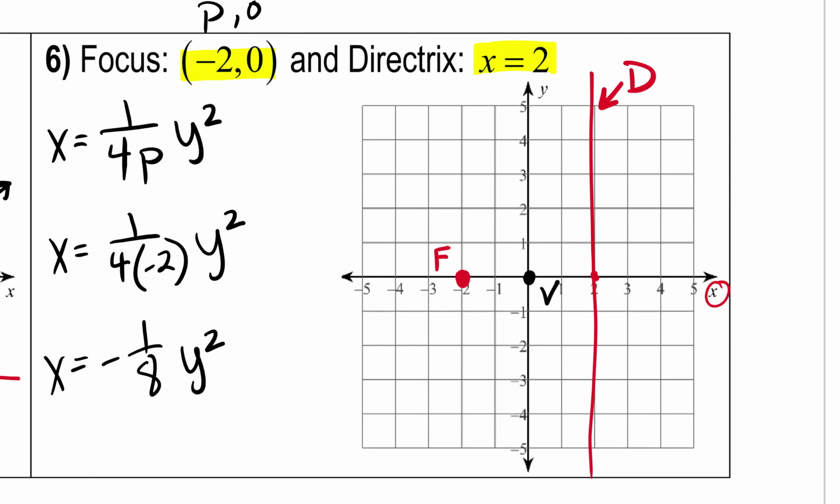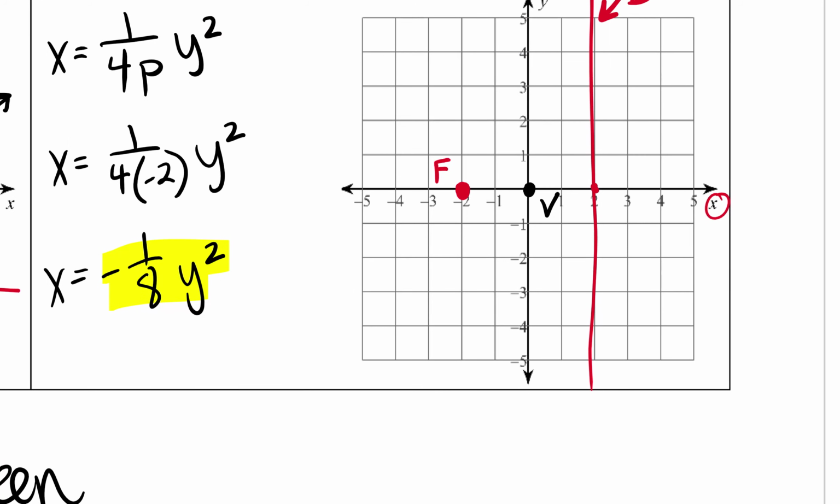So that means I would be multiplying my quadratic pattern by -1 over 8. So I take my pattern, and I do the same pattern, except instead of going up or down, now it's going left and right.